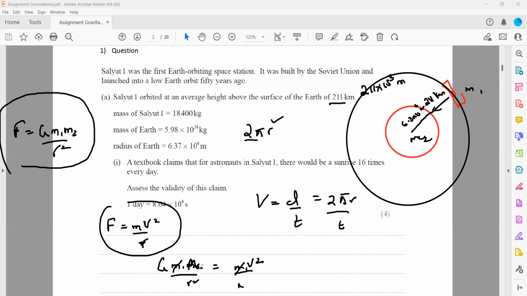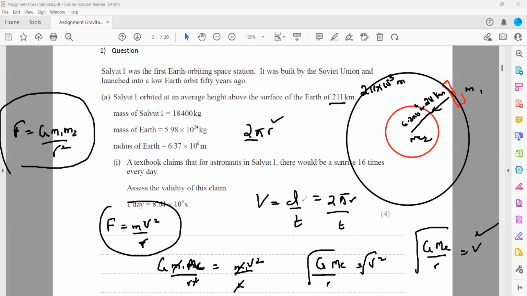So m1 will cancel with m1, and r squared and r will cancel. So it will be G times m2 divided by r is equal to v squared, and we take a root. This will give us the square root of G, the mass of Earth, divided by the radius, the distance from the center, so we'll get the speed.